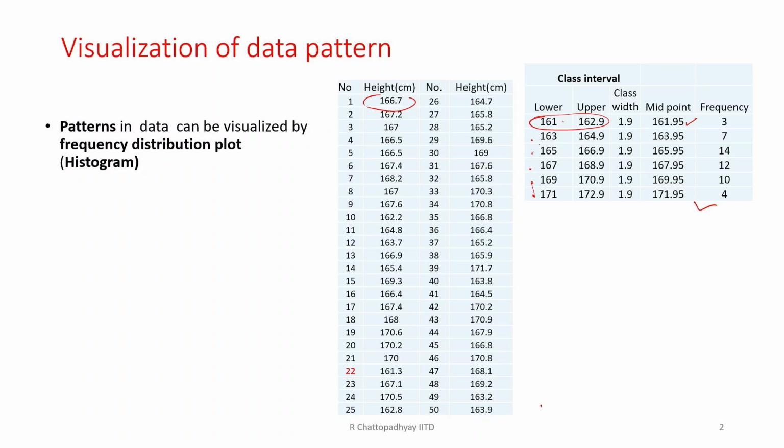And now what we need to do is to find out how many data are lying within the class interval 1, class interval 2. If I say this is my class interval 1, this is 2, this is 3, this is 4, this is 5, and this is 6. In each class interval, we have to find out how many data are there. So that number is basically frequency. So these are the corresponding frequencies.